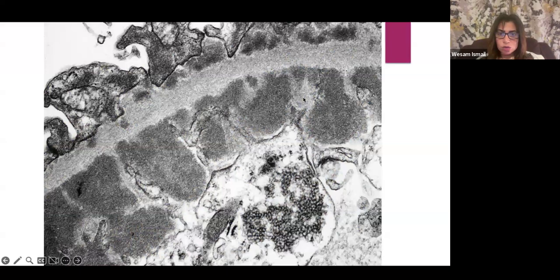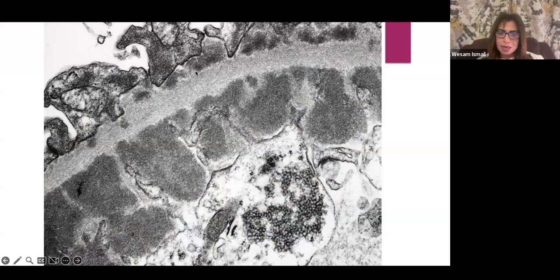And by electron microscopy, you're going to see the same deposits again, because this is active classes. All of these big black clumps you're seeing are what we call subendothelial deposits. Now, for our junior colleagues, these are the podocytes up there. These are the foot processes with slit diaphragm, as you can see here.